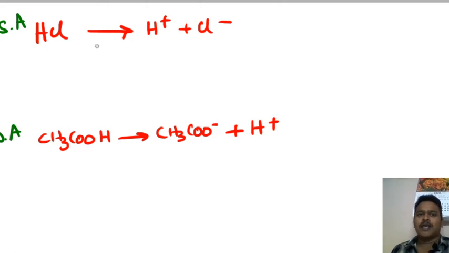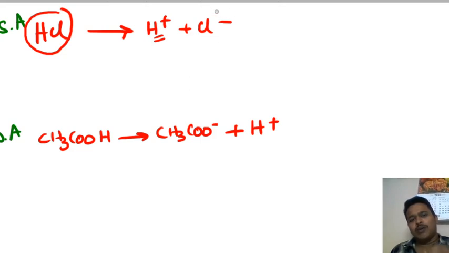See, the HCl molecule loses this H plus, and then it gets stability. How? Cl minus is also satisfying the noble gas configuration, argon 18.